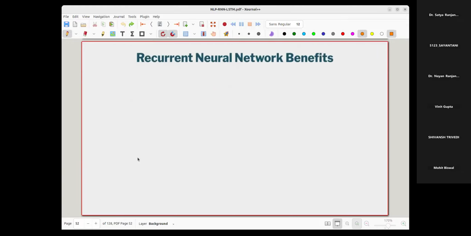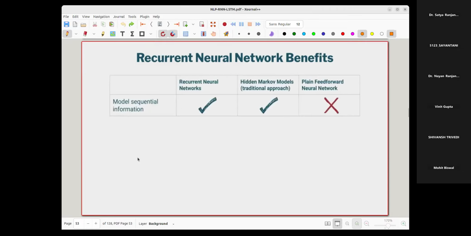Now, what is the benefit of using RNN? Okay, so the benefits are like this. If you use RNN, there is also another counterpart called hidden Markov model. It's a traditional approach. We have not discussed it. The hidden Markov model is also used for sequence labeling, for sequence processing tasks. But let's just consider a plain neural network and RNN.